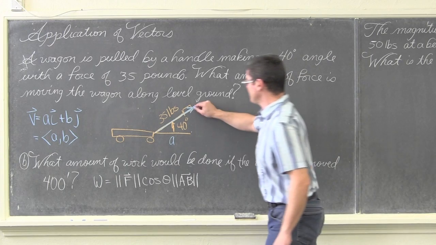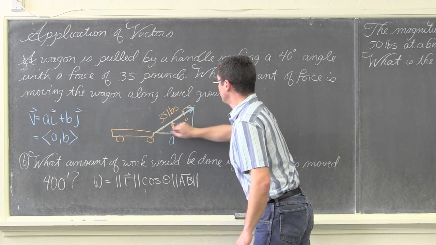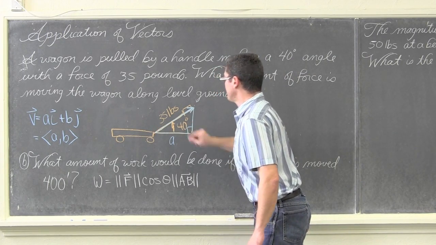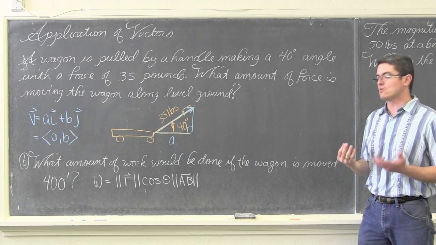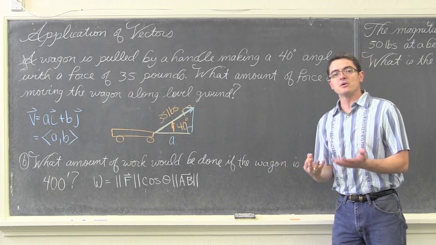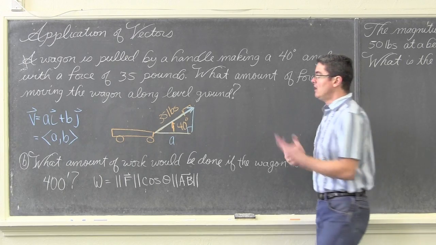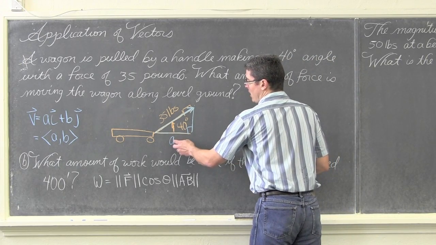Well, this is just going to be a small right triangle. And thus, how do you find the sides of a right triangle? You just do your SOHCAHTOA. Based on this angle, what do you want and what do you have?